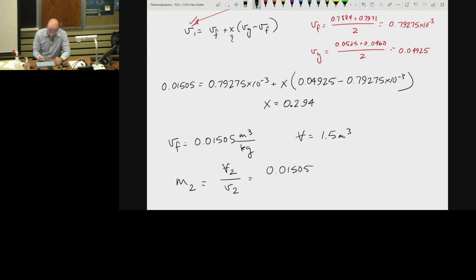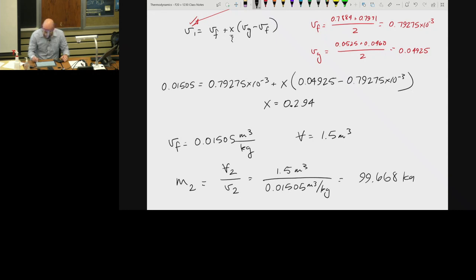Sorry, that's wrong. 1.5 meters cubed. I would have found out that issue in a second when I did my units. Over 0.01505 meters cubed per kilogram. And I'm going to find that that's equal to 1.5 divided by 0.01505, which is 99.668 kilograms.